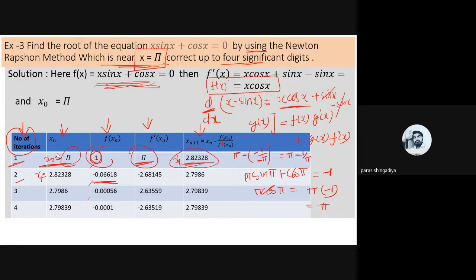So the function is x sin x plus cos x, and 2.82328 is the value. Replace it here and check f of 2.82328.